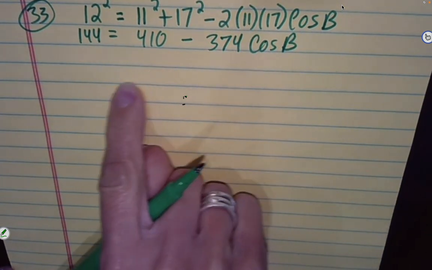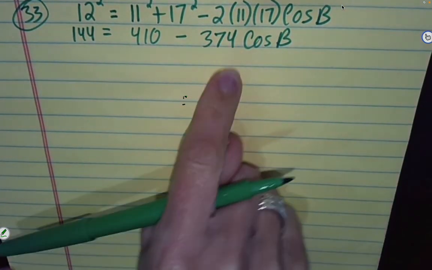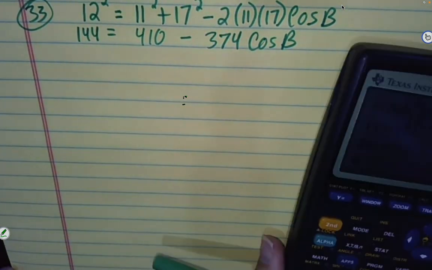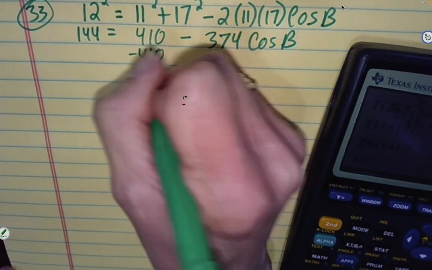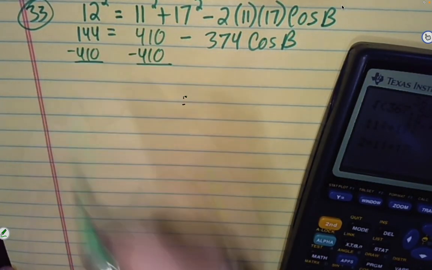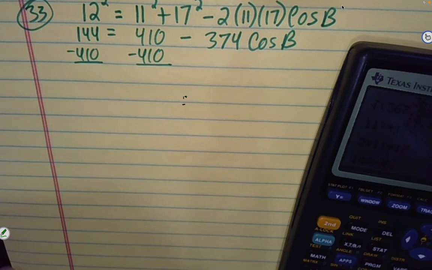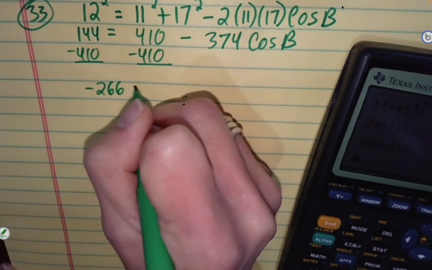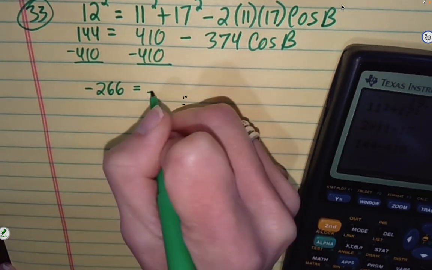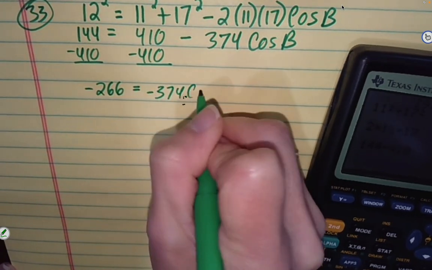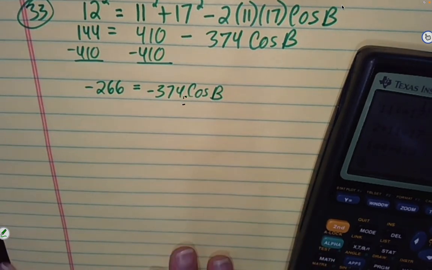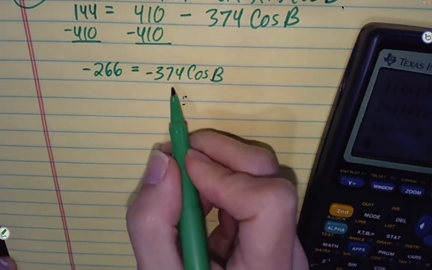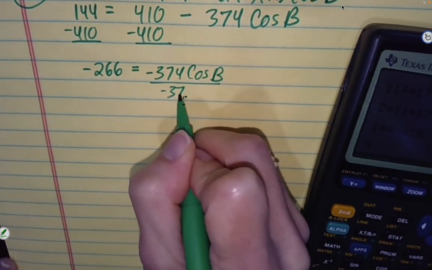So we have to move our 410, and then we have to move this number. So I'm going to subtract 410. So 144 minus 410, I get negative 266 equals negative 374 cosine of B. Then I must divide by negative 374.